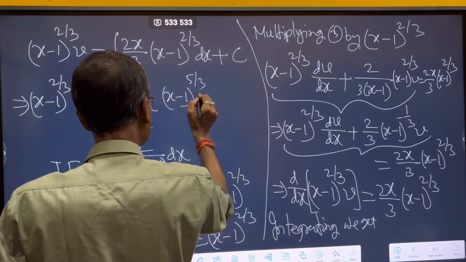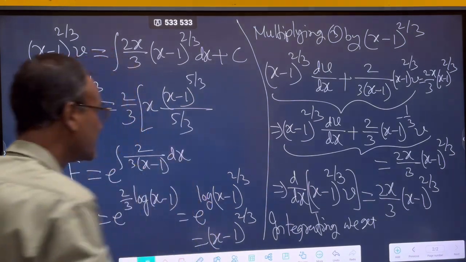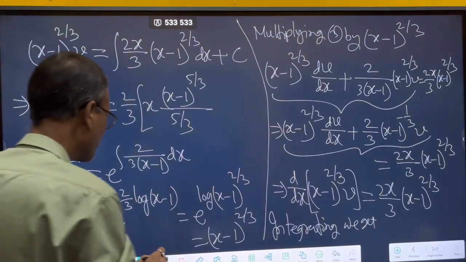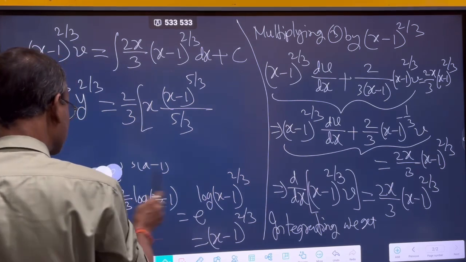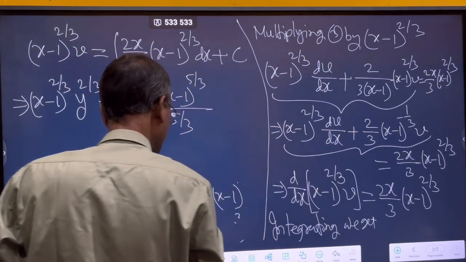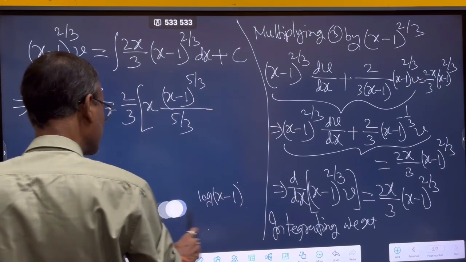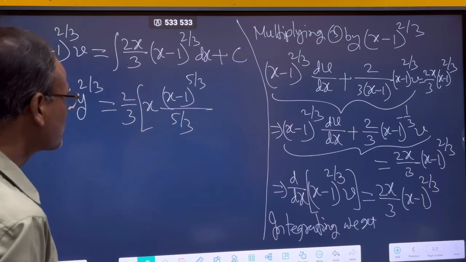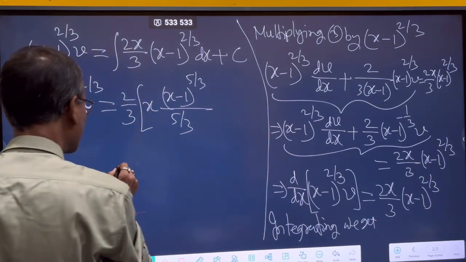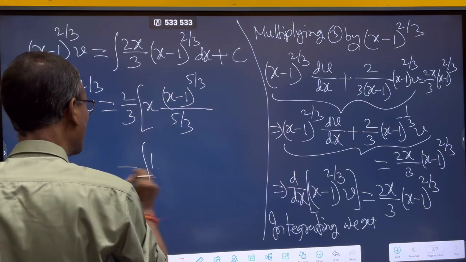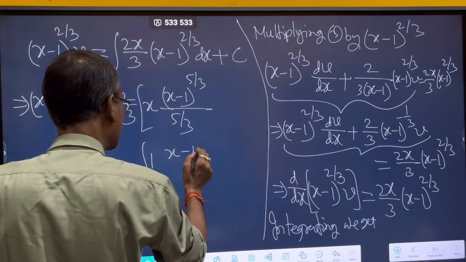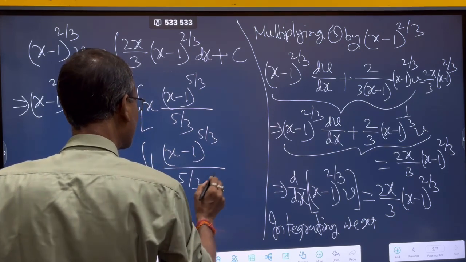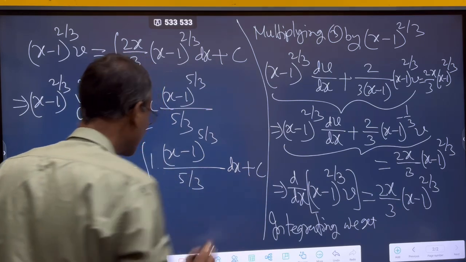This becomes 5/3. Minus the differentiation of the first function, which is 1, and the integration of the second function, (x - 1)^(5/3) divided by 5/3, whole integral, plus c.